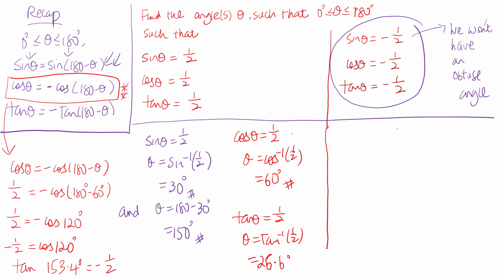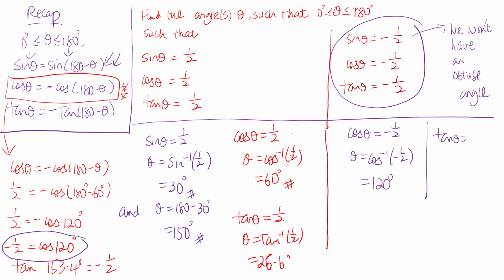But for cosine theta, yes, it's possible to have an angle, and that is what we found here to be 120. And similarly for tangent theta, we found it here to be 153.4 degrees.